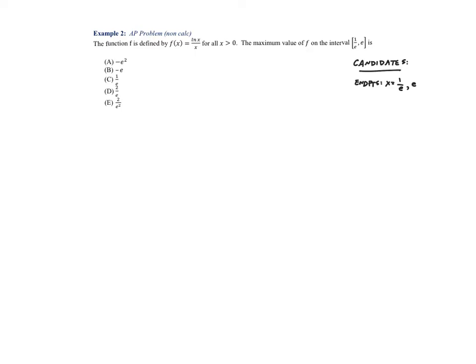So let's find the critical values. In order to do that, we first find the derivative, which will require for us to use the quotient rule. So I'm going to take the lower function, x, times the derivative of the upper function, ln of x. The derivative of ln of x with respect to x is 1 over x.